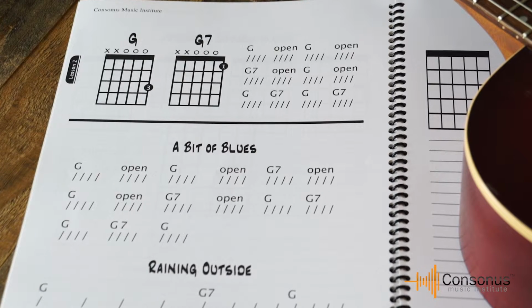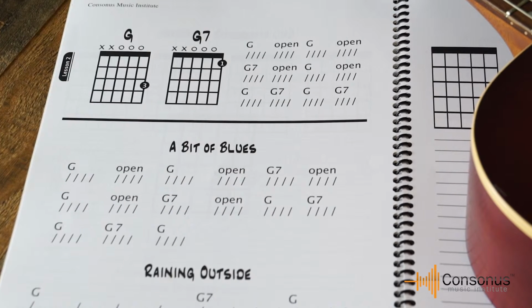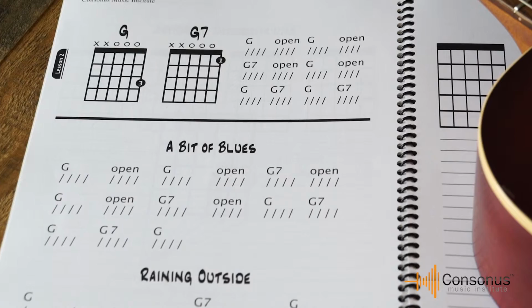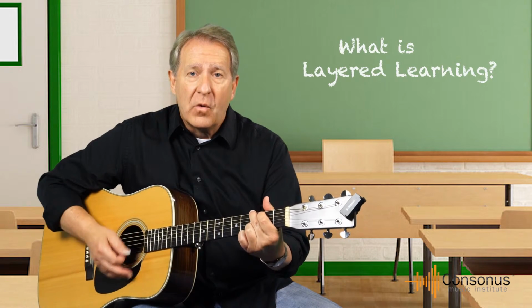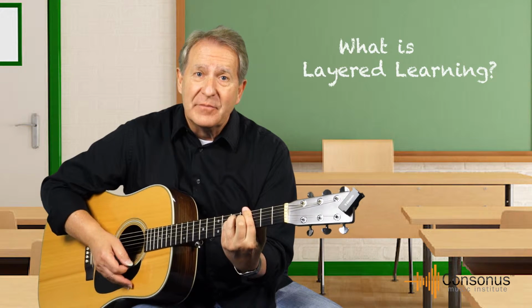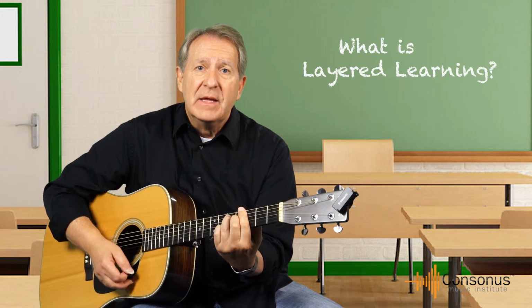The more experienced students in the class can play the exercises and the songs in Lesson 2 using the more challenging fingerings of the chord, such as a G this way, or this way, or this way, or maybe even this way, or G7 this way, or maybe even this way.